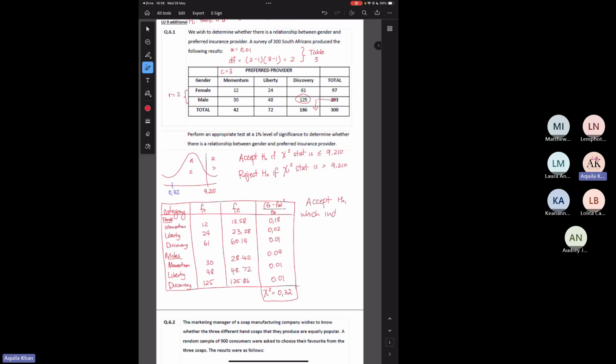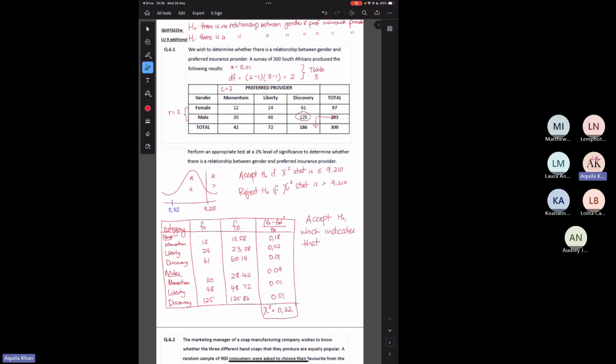So this indicates that, and go back to your null and alternate hypotheses. Your null is being accepted, so you are saying that what the null says is true.